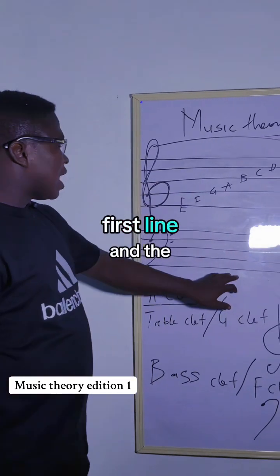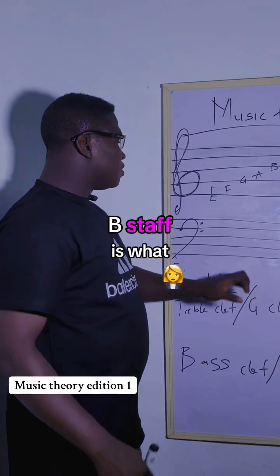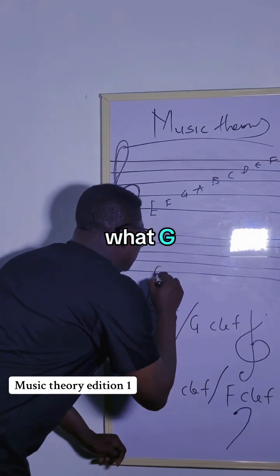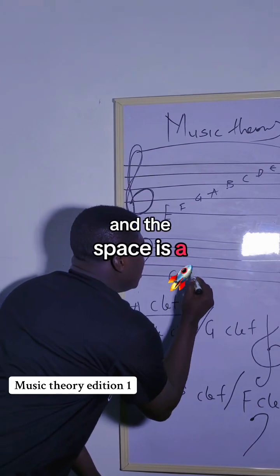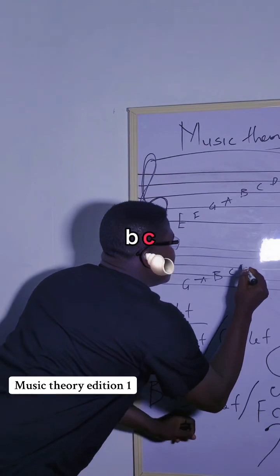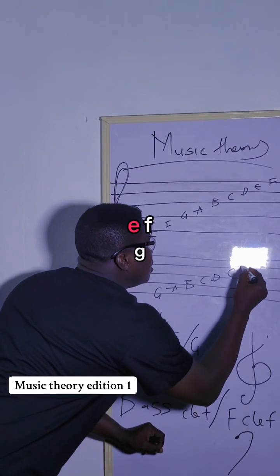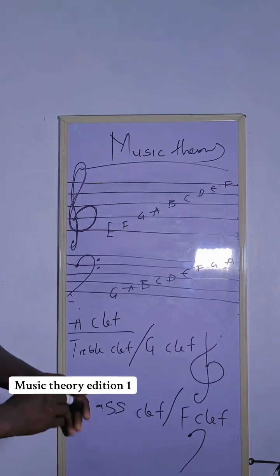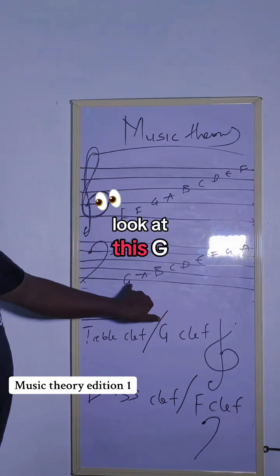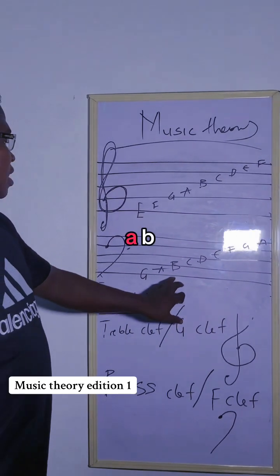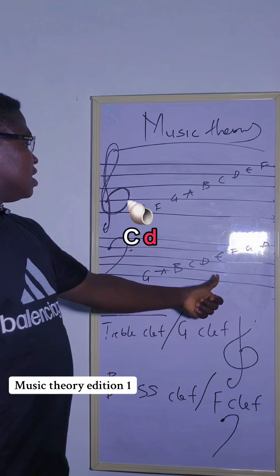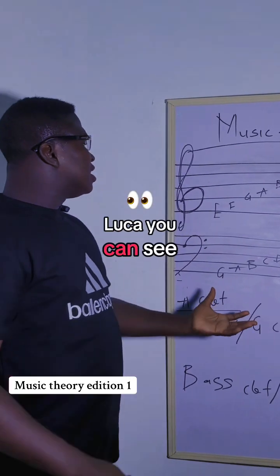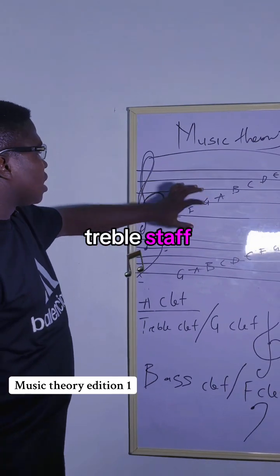Now, your first line on the bass staff is G. Then the space is A, B, C, D, E, F, G, A. Look at it, you can see it's different from the treble staff.